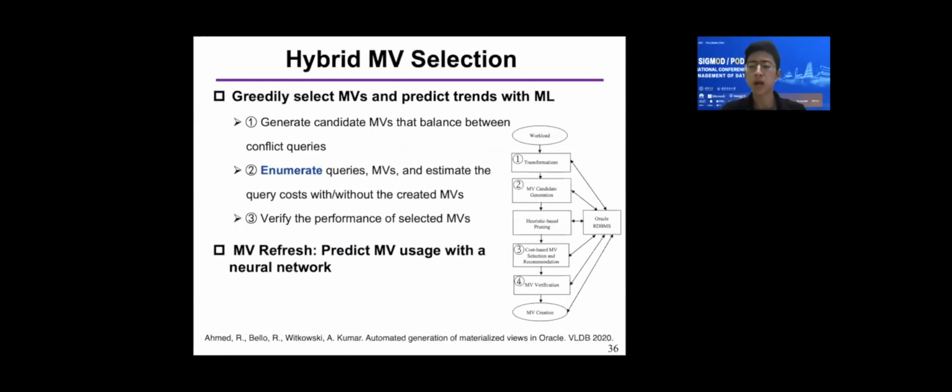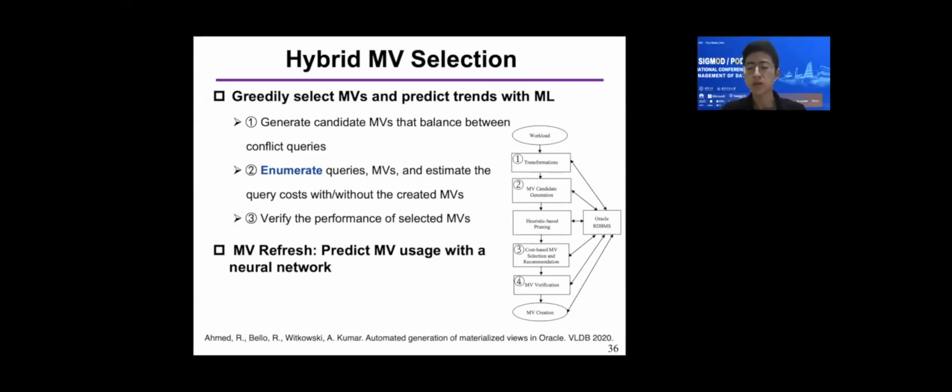So, Oracle has proposed a hybrid MV selection method. They greedily select the MVs and predict trends with machine learning. It first generates candidate MVs that balance between conflict queries, and then it enumerates queries and MVs and estimates the query costs with or without MVs.